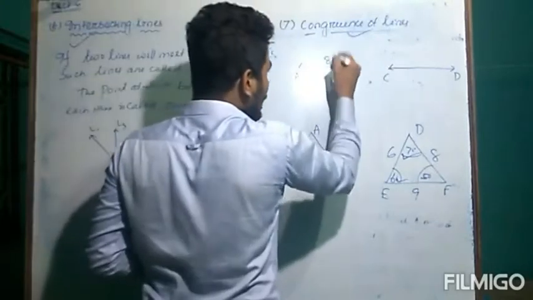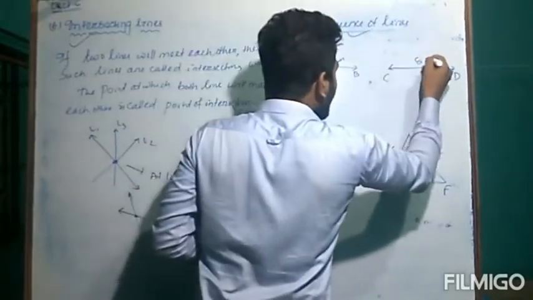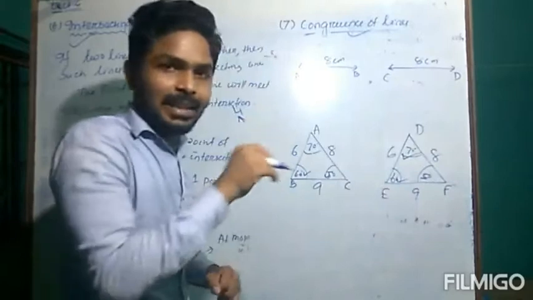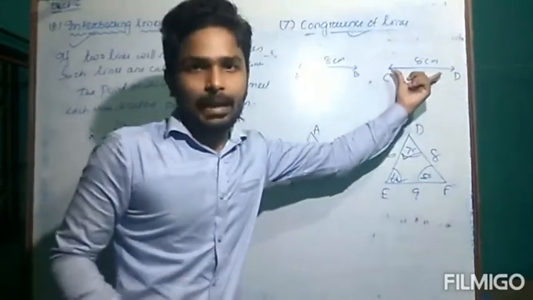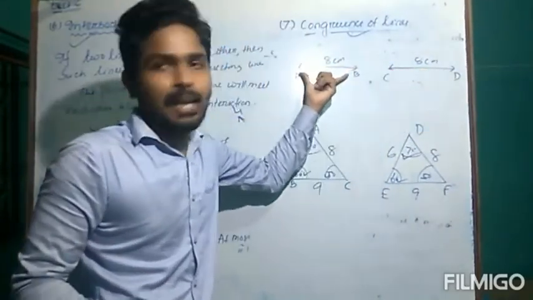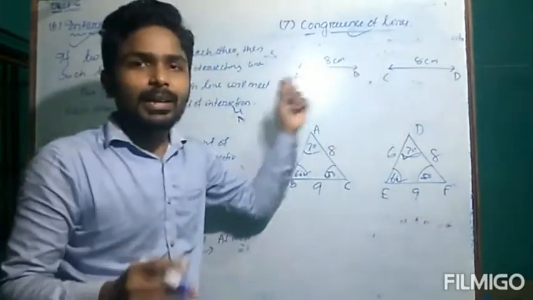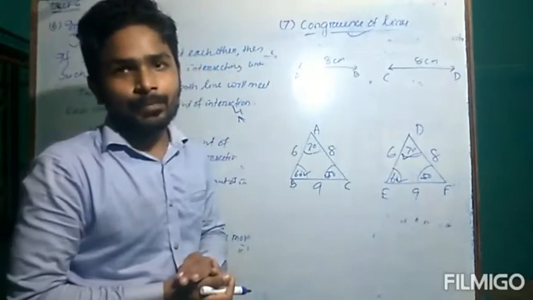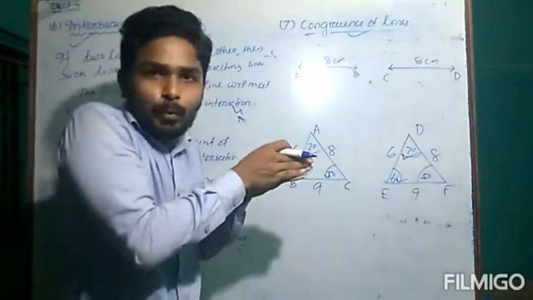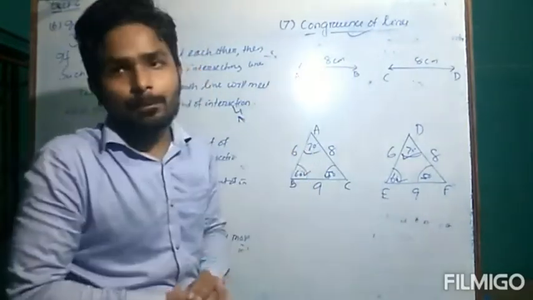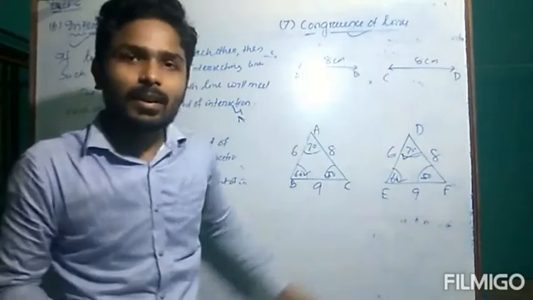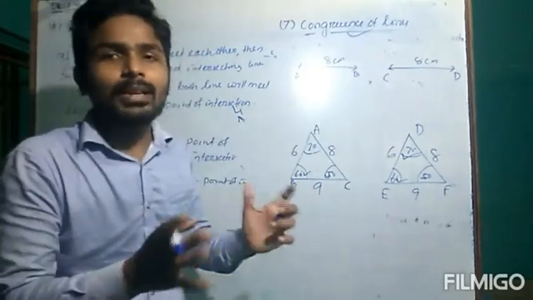If it is 8 centimeter, then it must be 8 centimeter. And the second thing is, if you cut this line and paste over this line, then you see this line CD completely covers the line AB, or it is completely superimposed on AB. Then such lines are known as congruent lines.